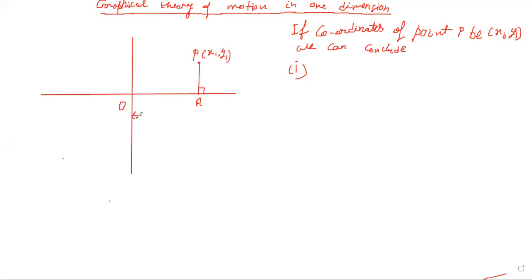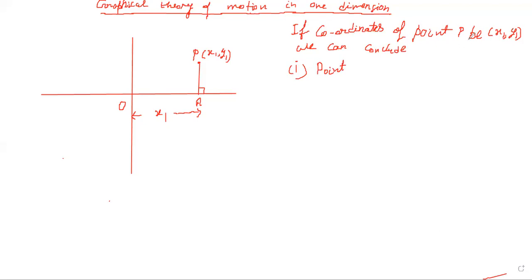And the first conclusion is that point P is x1 unit away from the origin along the x-axis.